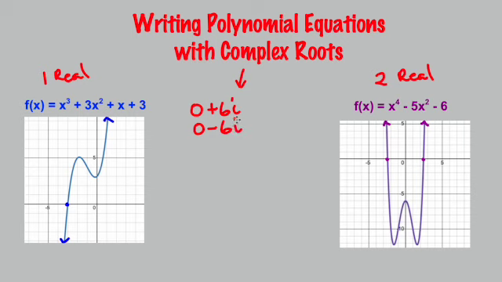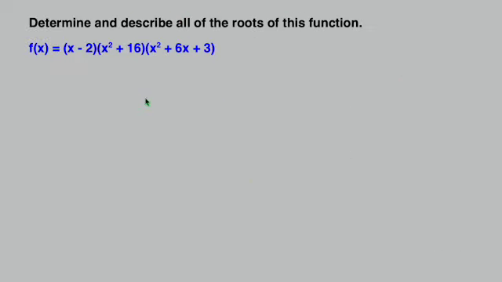It'll look exactly the same, except it'll have a minus in between the real and the imaginary number. It could be something like 2 minus 4i, and then the other one would be 2 plus 4i. So just understand, every time we have non-real roots, aka complex roots, they always come in pairs, and they're called conjugates.